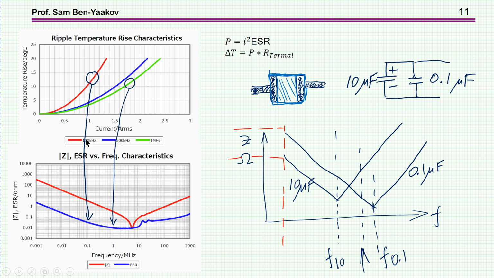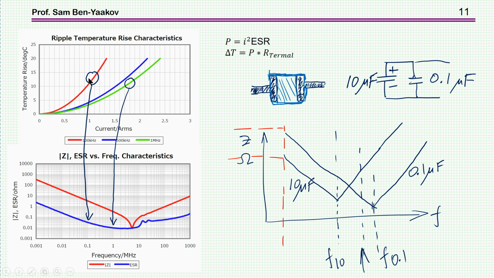This is 100 kilohertz and this is 1 megahertz. And as you can see, 1 megahertz is better. You can go to much higher current with the same temperature rise, say 15 degrees. You can go up to about 2 amp, and here a little bit above 1 amp.